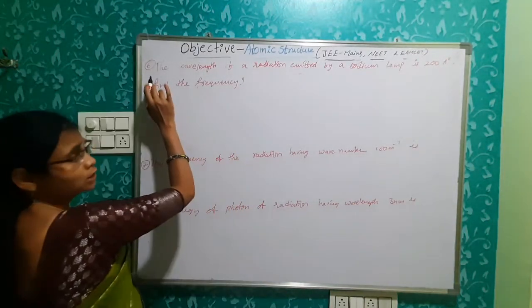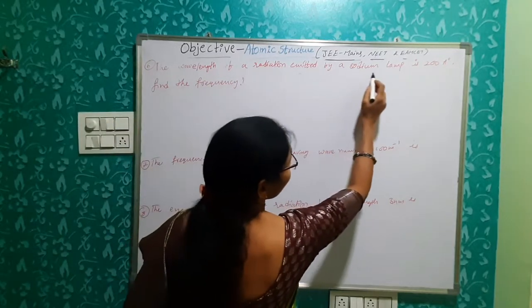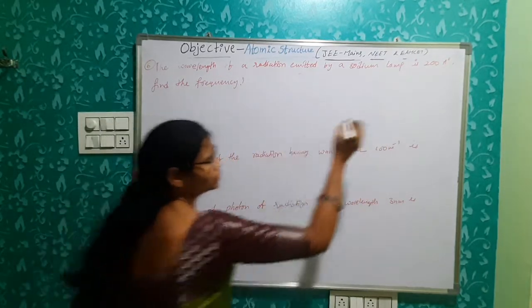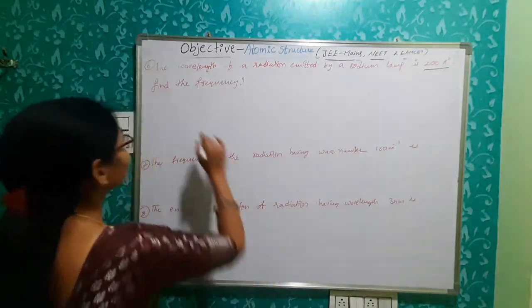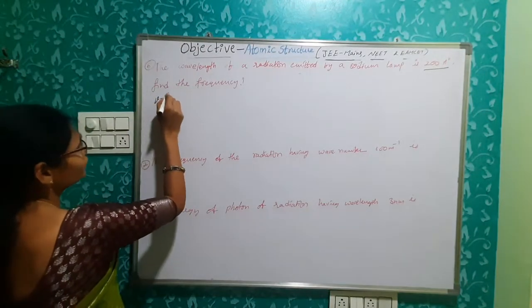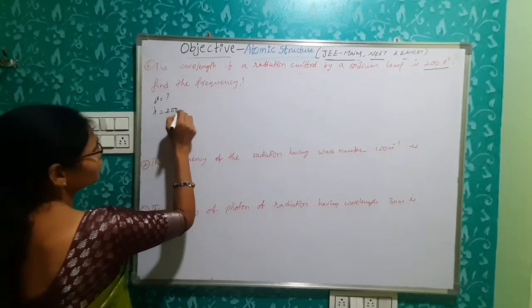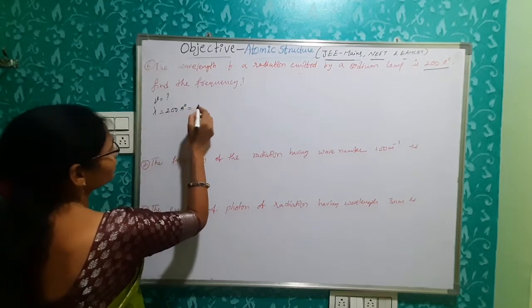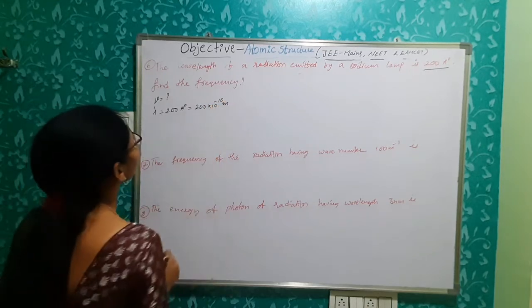Simple problems. Sixth problem. The wavelength of a radiation emitted by a sodium lamp is 200 angstroms. Find the frequency. Wavelength lambda is given as 200 angstroms, that is 200 into 10 power minus 10 meters.